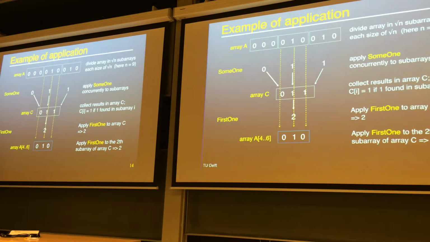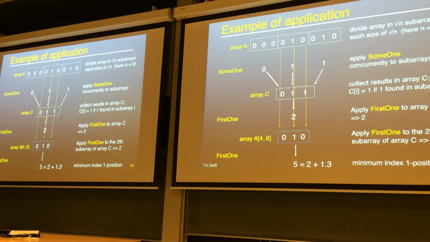Now I have to apply first one again to the subarray of size 3, and I come up with an index position of 2, and now I have to translate these index positions. It is the second element of the second subarray, so that means that 3 elements are preceding this subarray, so the final index position is 5. Yeah?